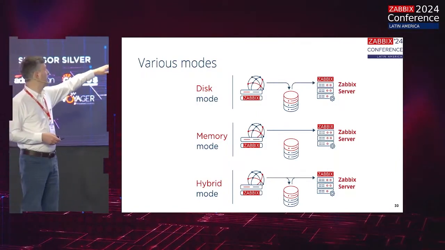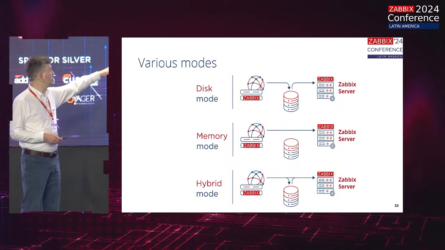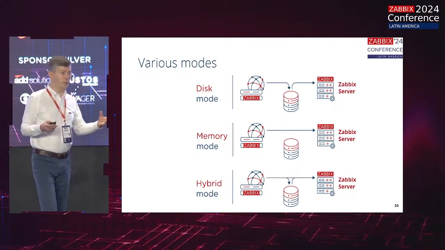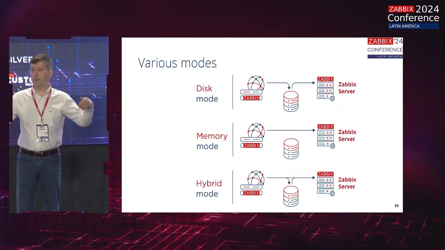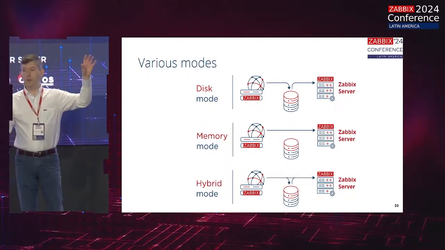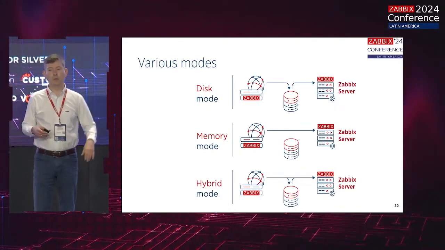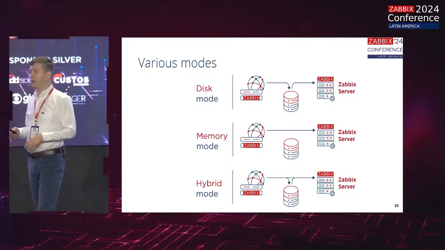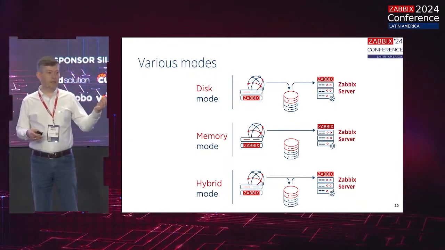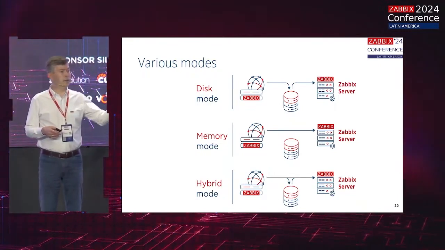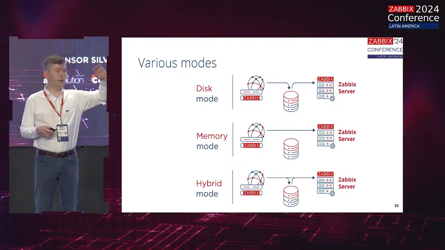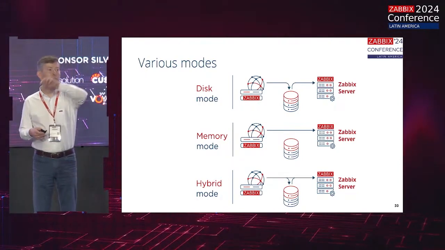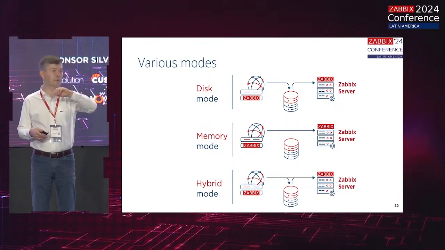We support memory mode, so all information is kept in memory. But of course, if we have no electricity, for example, or in case of some problems, you may lose part of the information which is stored in memory. So we have this hybrid mode where data is still stored in the database, but we keep it in memory and send it from memory to the Zabbix server, so we get better performance.